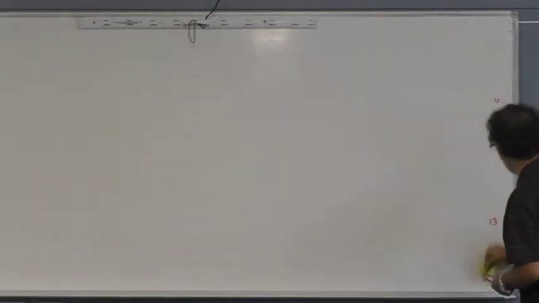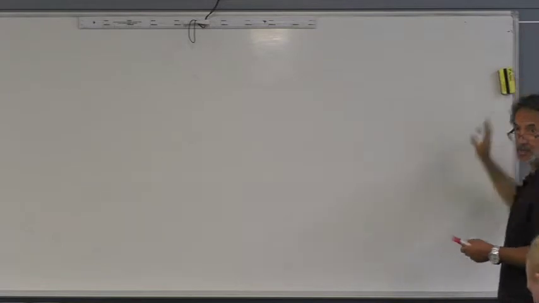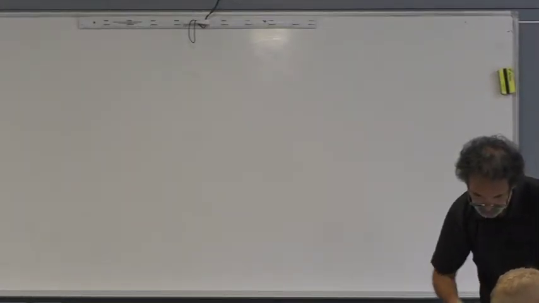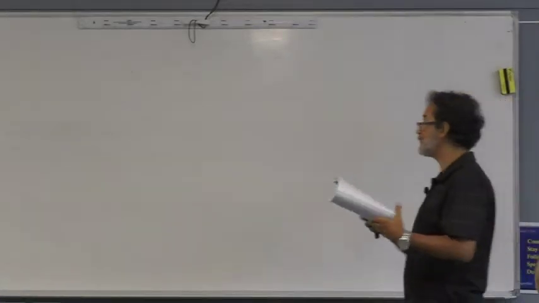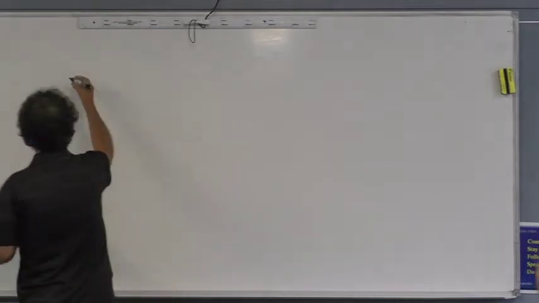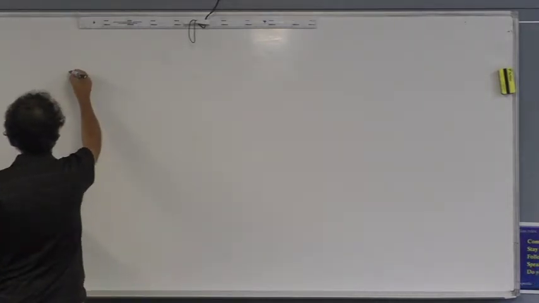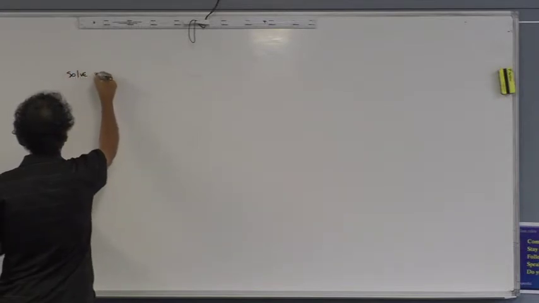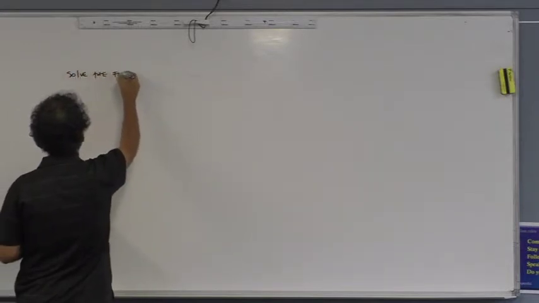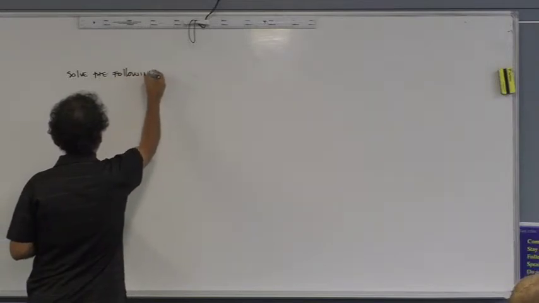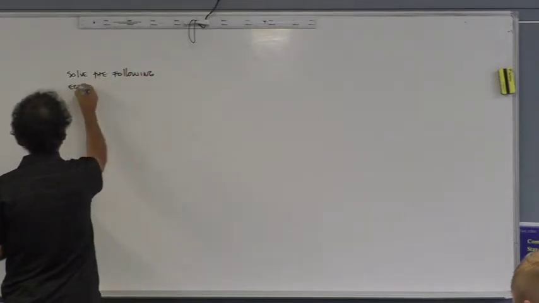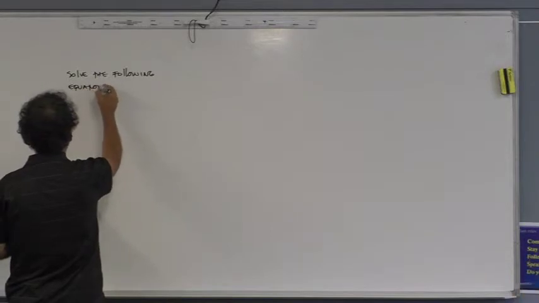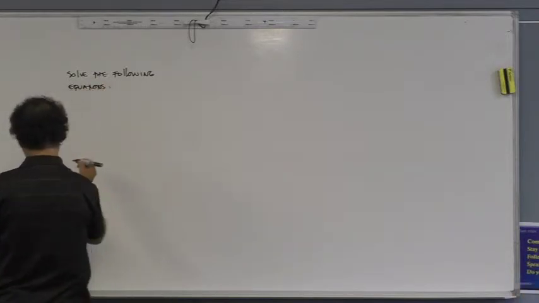We all know how to solve a quadratic equation, but my challenge for you is to solve the following equations. I'm going to say equations because I'm going to put 2 of them.